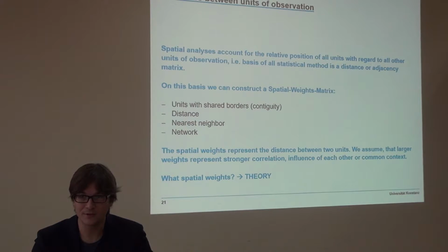So when we have polygons and they have a shared border, or we don't have a shared border, we can assume influence or no influence. So for example, if we are interested in democratization processes in political science, we can use distances, we can use nearest neighbors, or we can even use some kind of other network data.